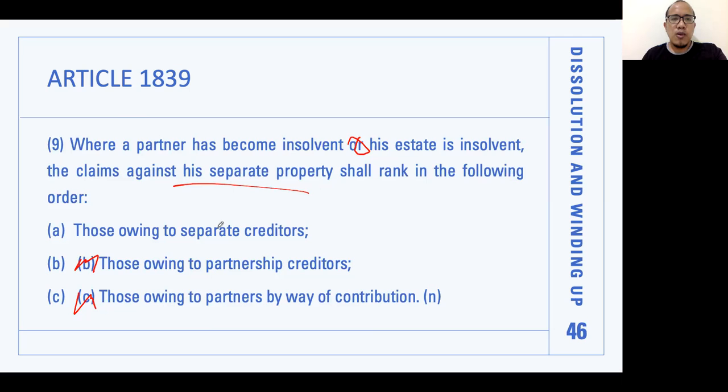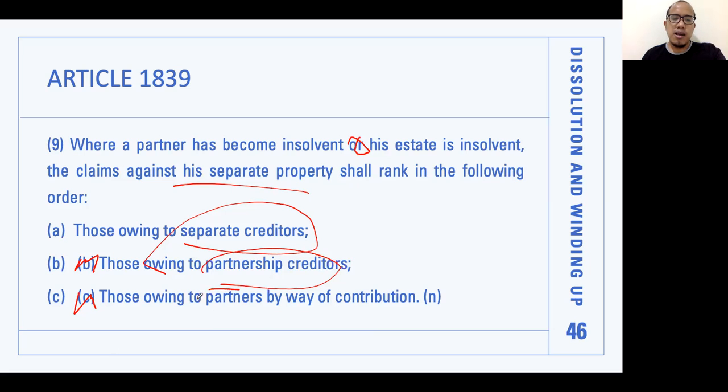Anong gagawin natin? Uunahin mong bayaran yung separate creditors. Parallel ito, dahil ang pinag-uusapan ay personal obligations ng isang partner na naging insolvent, uunahin gamitin yung kanyang property, pambayad yun sa sarili niyang utang. Sunod, yung partnership creditors, yung mga may pagkakautang sa partnership. Pwede sila maghabol sa separate properties ng insolvent na partner kung nabayaran na nung insolvent partner yung mga sarili niyang creditor.